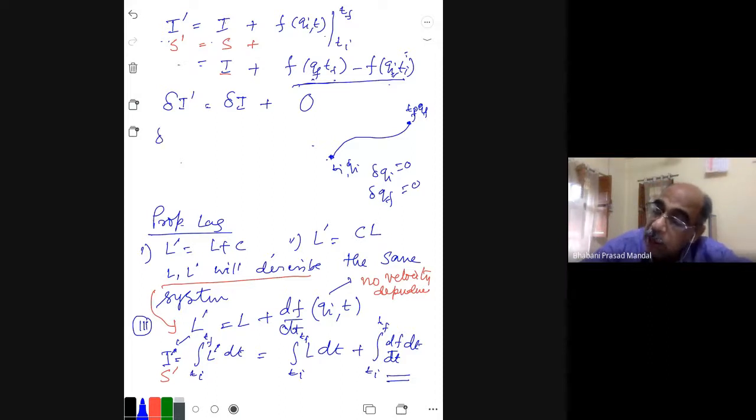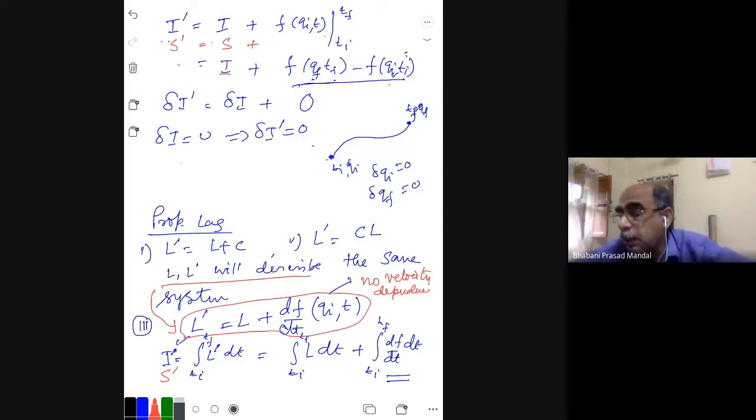So delta I equal to 0 is the Hamilton principle, which implies delta I prime is also 0. So the conclusion is that if I have two Lagrangians which differ by a total time derivative of a function of the generalized coordinates and time, with no velocity dependence, then they give the same equations of motion.